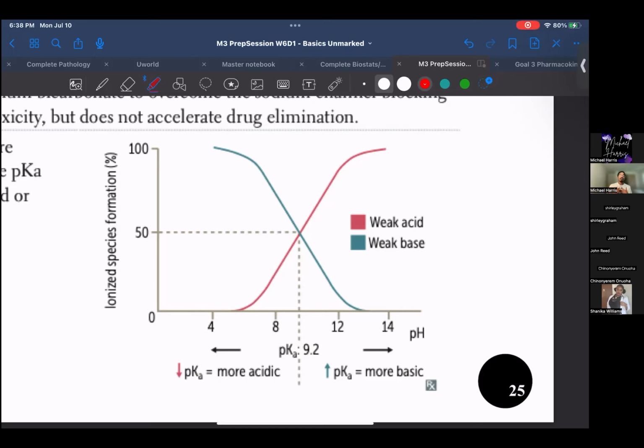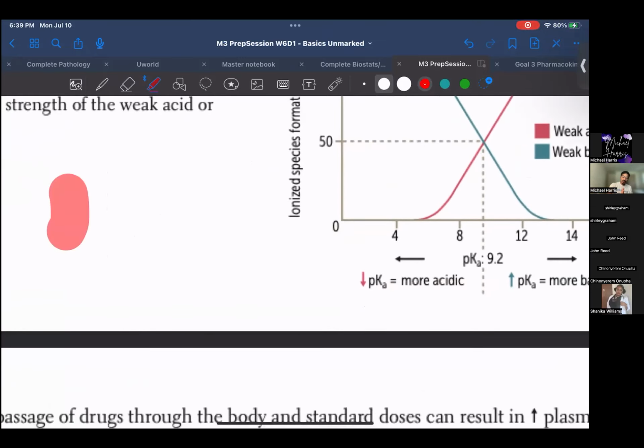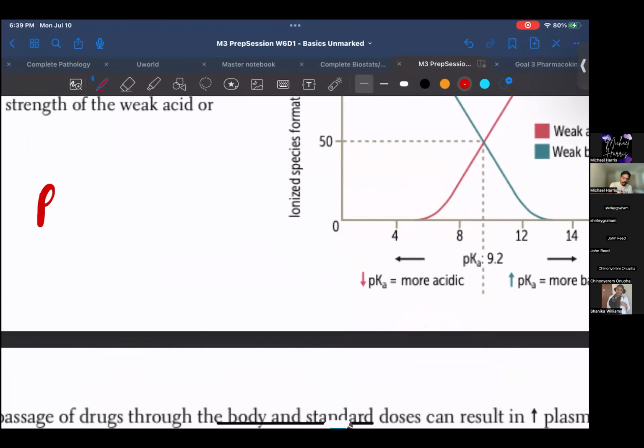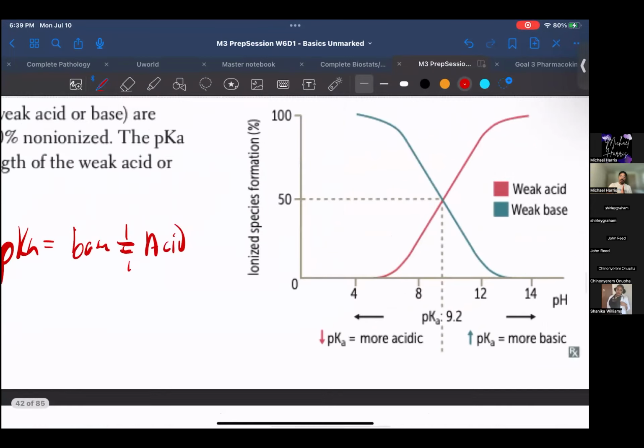Let's say a drug had a pKa of 9.2. At pKa, if you go back to year 1, you have equal numbers of base and acid. Now, if you go above or below, it'll skew it so you have more base or more acid.